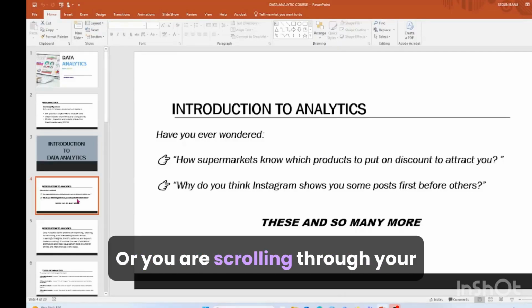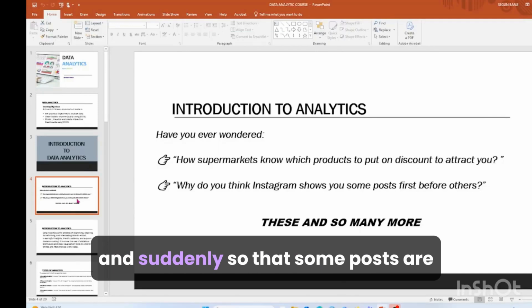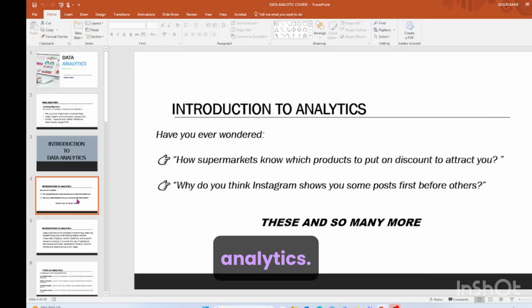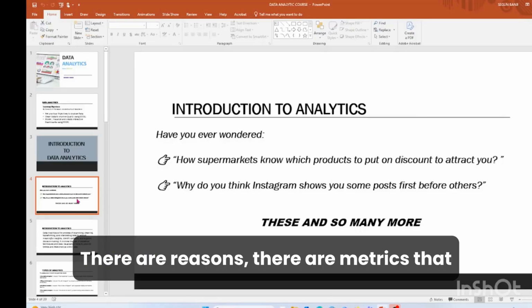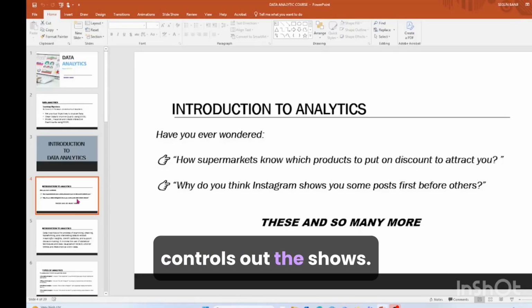Or you are scrolling through your Instagram, your Facebook, your TikTok, and suddenly you discover that some posts are shown repeatedly. You already call them analytics. There are reasons, there are metrics that control how that shows.